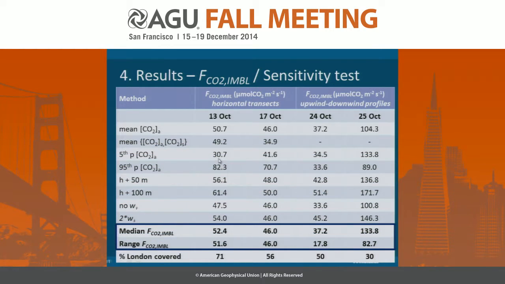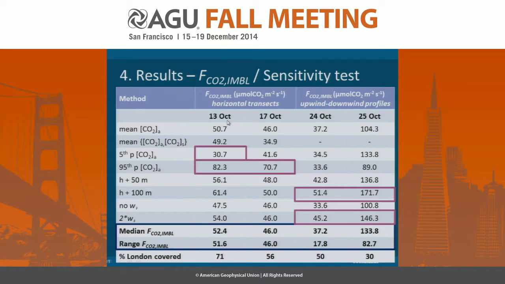So we calculate the fluxes using the different assumptions that I have explained in the sensitivity test, and the changes of using the 5th and the 95th percentile actually had a major impact on the calculated fluxes from horizontal transects.